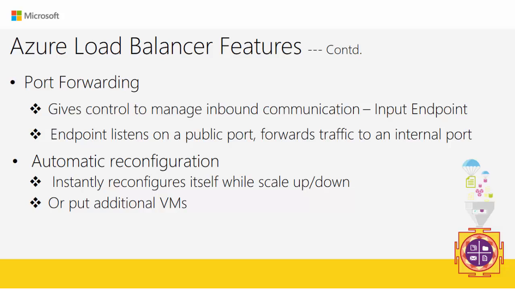There are numerous configurations that you have to do, so again it acts as a pain in the head. What Azure Load Balancer gives you is that everything is automatically reconfigured. For example, this reconfiguration can happen when you increase the instance count for the web role or worker role of your Azure cloud services, or when you put additional virtual machines under the same load balance set. Everything is automatically reconfigured.